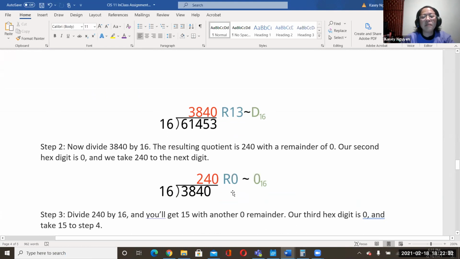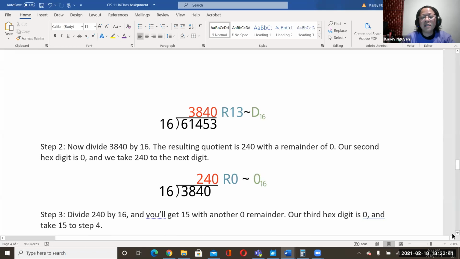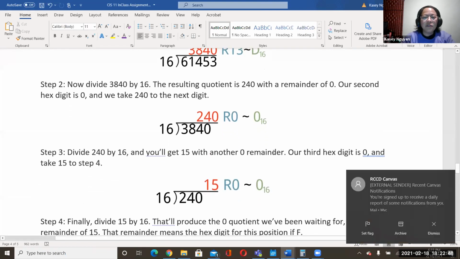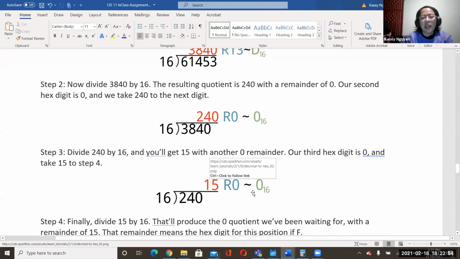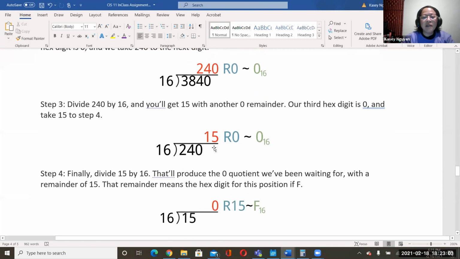A lot of people make the mistake of saying, oh, there's no remainder, I don't have to write anything down. Yes, you have to note that it's a 0 remainder, because that 0 is the same as 0 in hexadecimal. Then you take the 240 quotient and divide it by 16, you get 15, and there's no remainder again, so you get a 0. Then you have 15 left. I'm not done here.